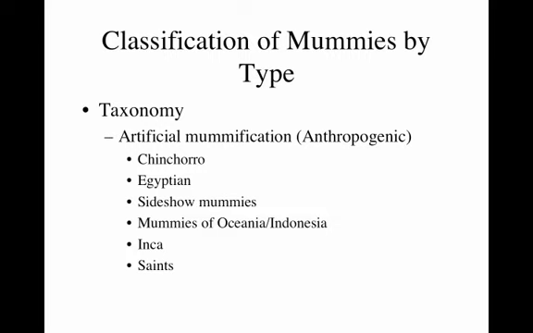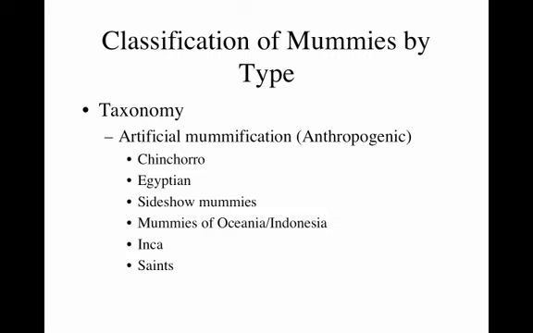The Chinchorro were actually mummified 2,000 years before the Egyptians. And they had a really elaborate mummification technique, but it was artificial. It was intentional. They took a lot of resources to make the mummies that they made, and we'll be talking about them later on. The Egyptians.